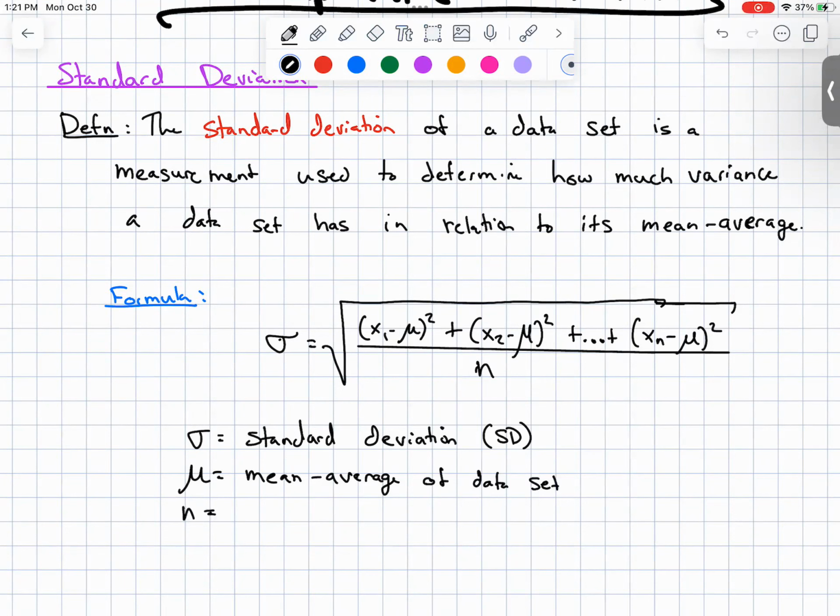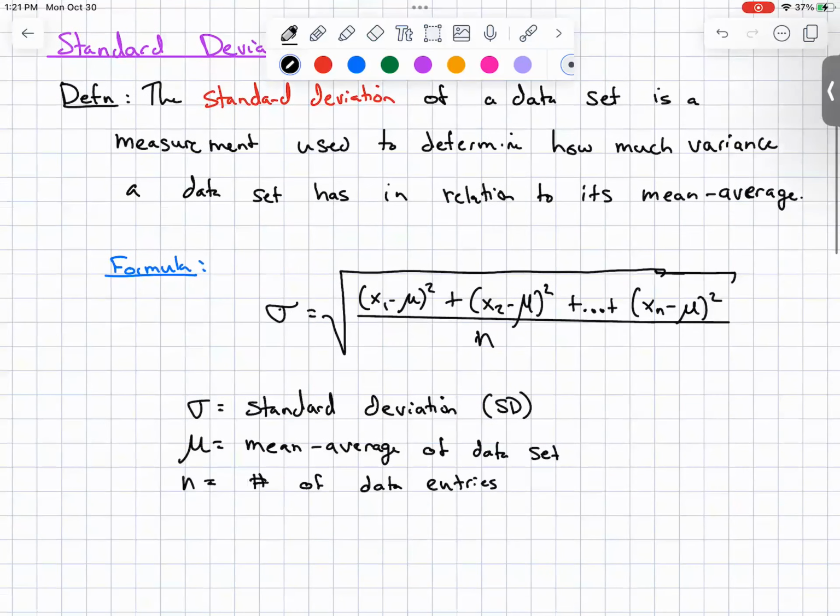N equals the number of data entries. And then x sub 1 through x sub n. So x sub 1, comma, dot, dot, dot, comma, x sub n is equal to the data entries.